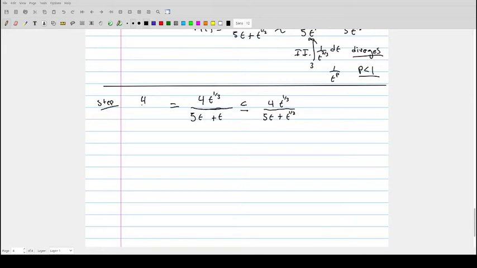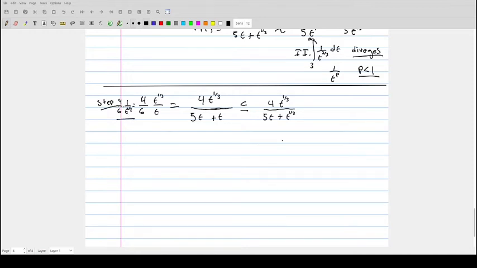This is going to be 4/6 times t to the 1/3 over t, or 4/6 times 1 over t to the 2/3.